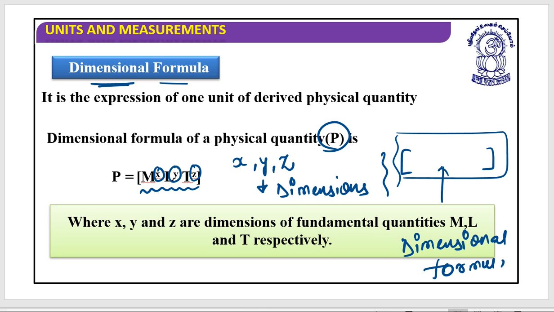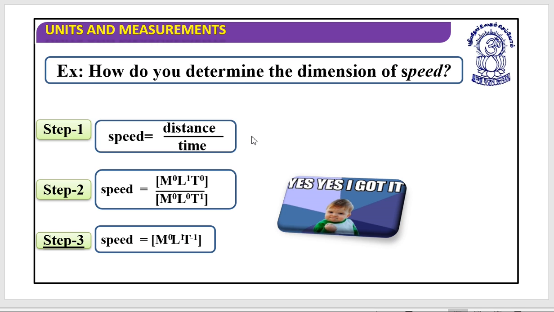So one more time, whatever the powers of M, L, T and onwards, A, K, theta and so on, whatever the powers are, they are the dimensions. And when we write this completely in a bracket, generally a square bracket, it is a dimensional formula. So let us try one by one.